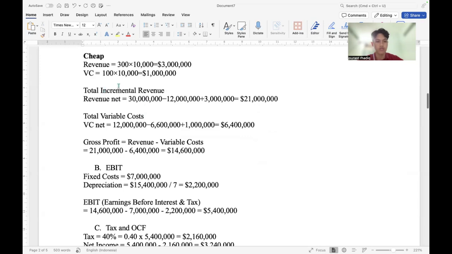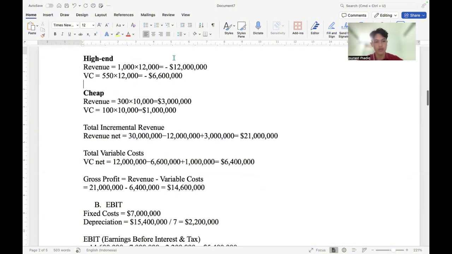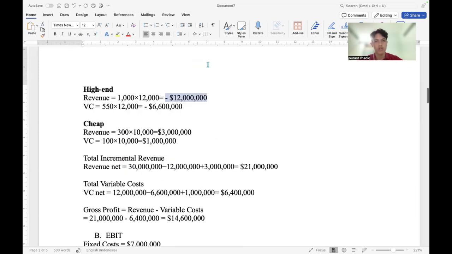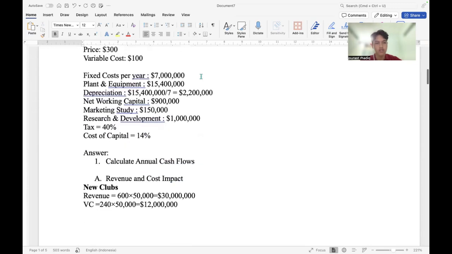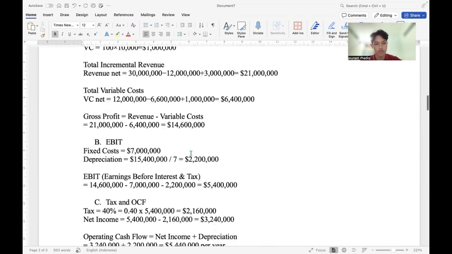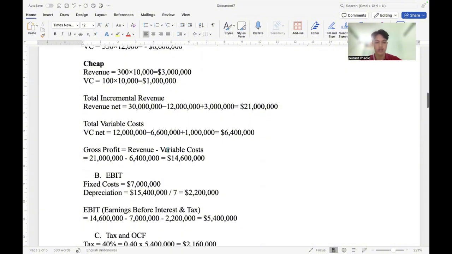And for the total incremental revenue, we just add all the equations: 30 minus 12, because this is the unit loss of high end, so that's why we put minus here, minus 12 and plus 3 million, which is 21 million.